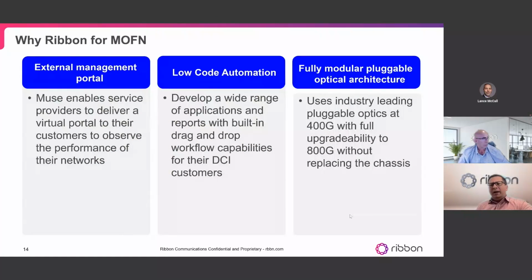Okay, so why Ribbon then? I know I'm listing three here, but it comes down to two areas in general: software tooling and technology at the hardware level. From a software tooling standpoint, it's the visibility that I mentioned earlier.